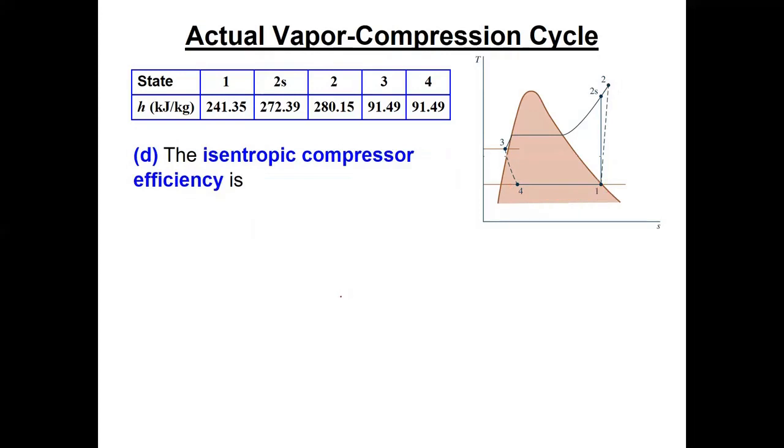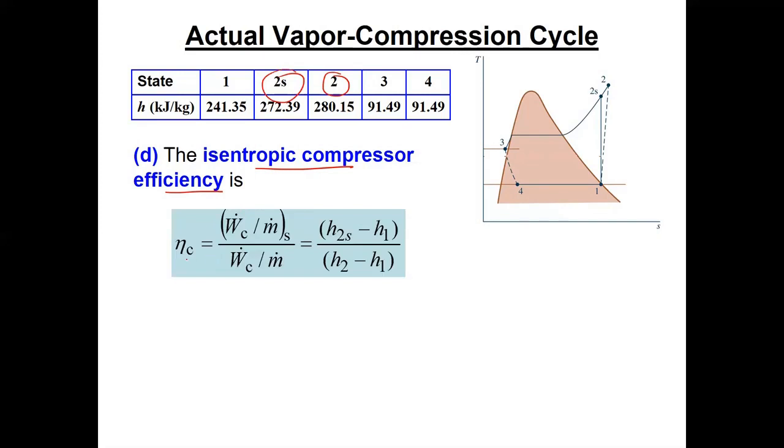Okay, now let's talk about the last part, the isentropic compressor efficiency. We have been provided the values of h2 and h2s, so it's rather easy to determine. From the definition of isentropic efficiency, it's equal to the isentropic work input divided by the actual work input, so (h2s minus h1) divided by (h2 minus h1).